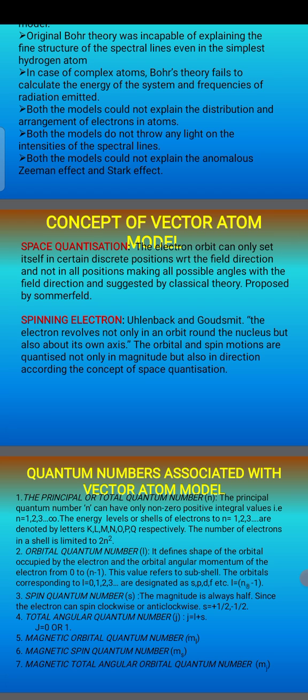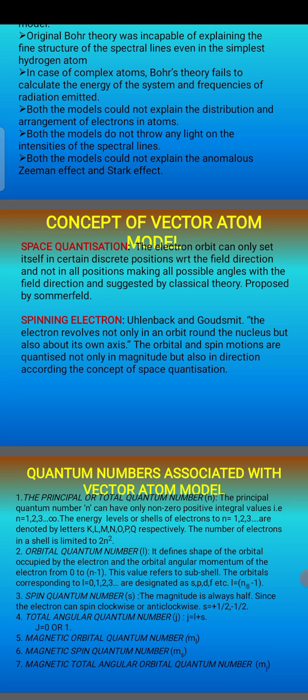The angular momentum of the atom will now be due to the orbital and spin motion of the electron. According to the quantum theory, the spin motion like orbital motion should be quantized. Both are quantized, not only in magnitude but also in direction.